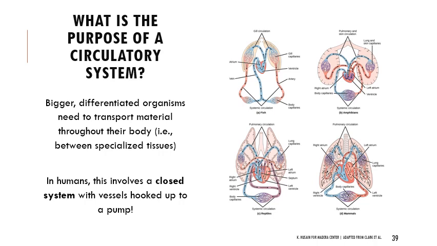We have a closed circulatory system. All of our blood is contained within vessels that are hooked up to a pump. So even though we think about being full of blood, it's always contained within vessels. If those vessels break, especially the small ones, then you get a bruise. So it's not an ideal situation.